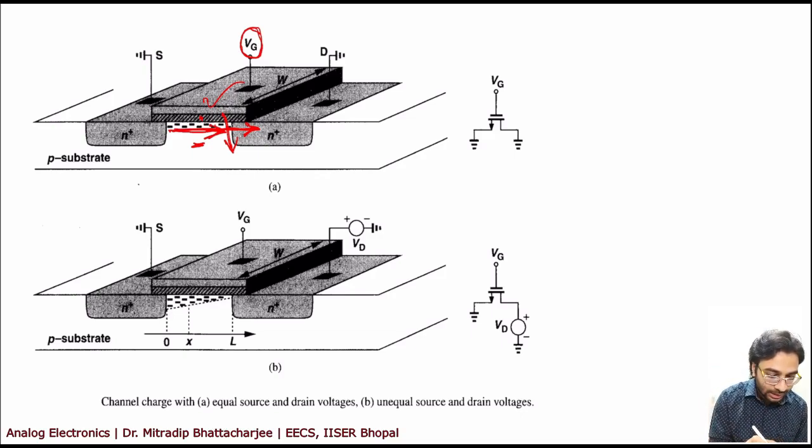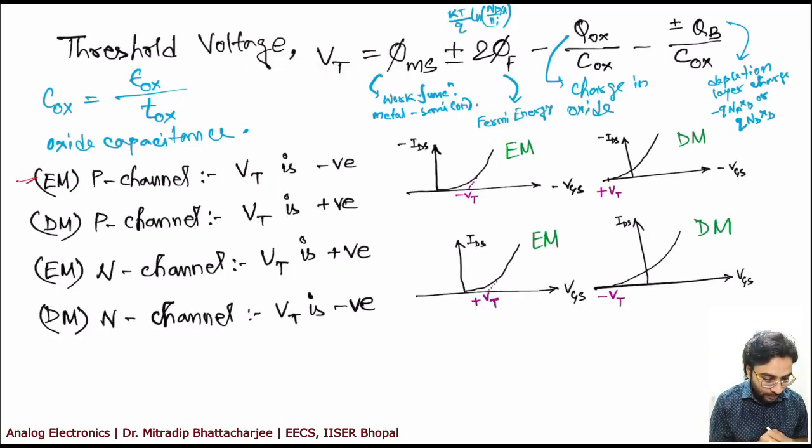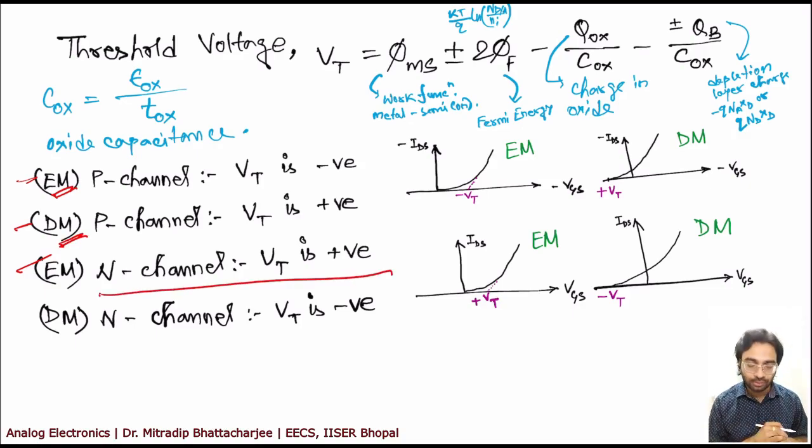So you need at least a minimum voltage to turn on the device, otherwise the device will not work in case of enhancement mode. Here I have shown different possibilities. EM means enhancement mode, DM means depletion mode. Let us look at the N channel one, which is what we will use mostly.